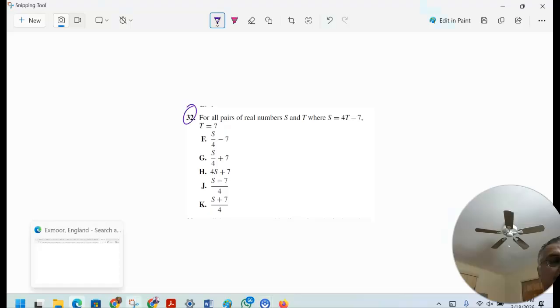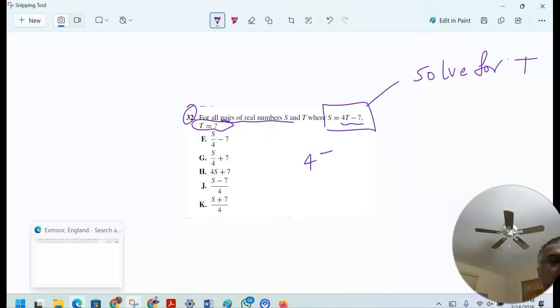Question number 32 is very easy. They give you an equation like this, and all you do is solve for t, which means isolate t. So I'm going to write 4t minus 7 equals s. First step is add 7 to both sides.